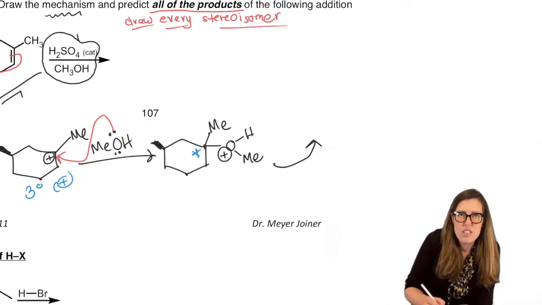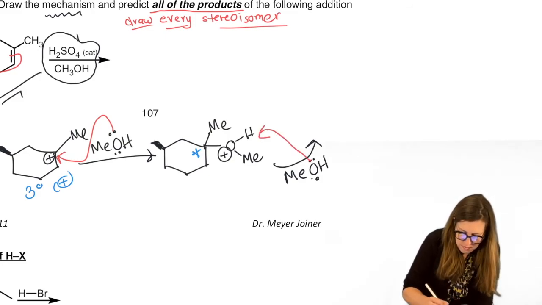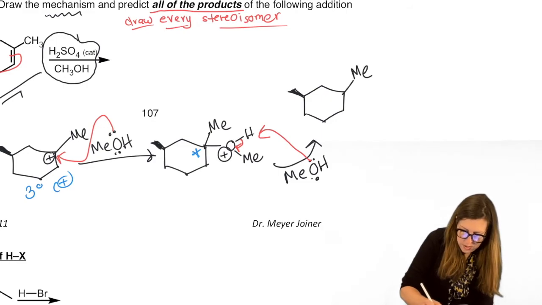You didn't say water, did you? Got so used to doing that. Water's not there. You can't throw it in. It would be wrong. Methanol's there. A lot of this methanol. Okay, so now we have this OMe, and I have my stereocenter marked.